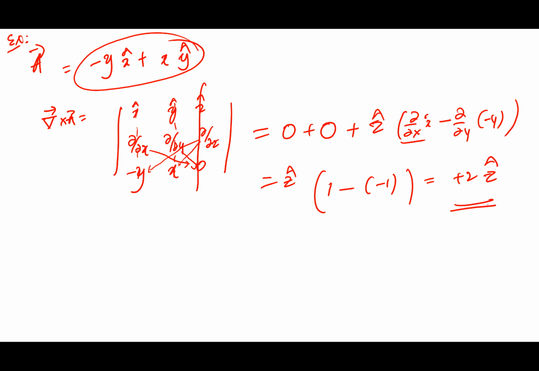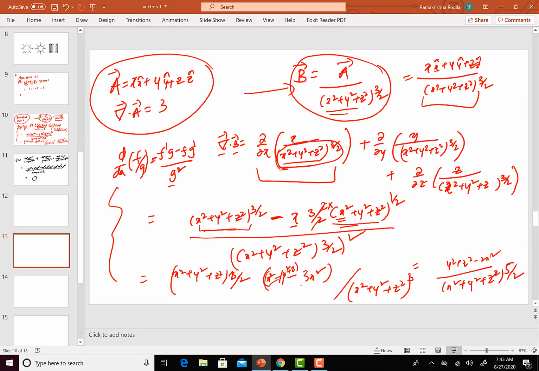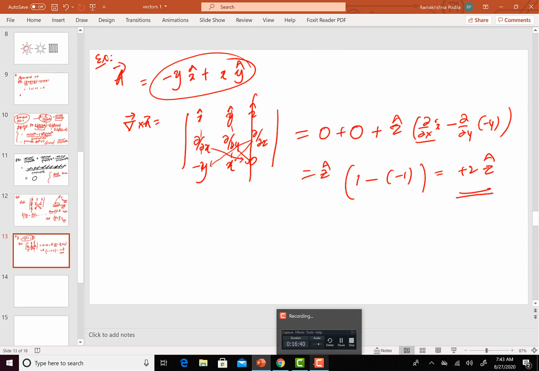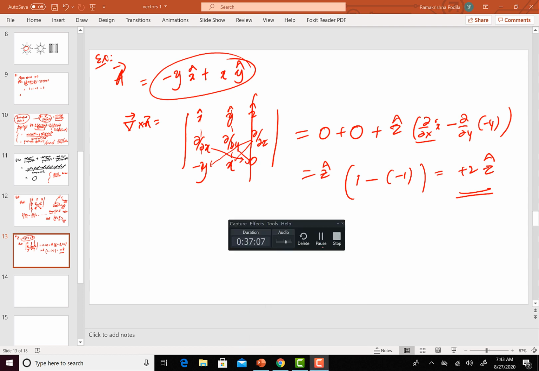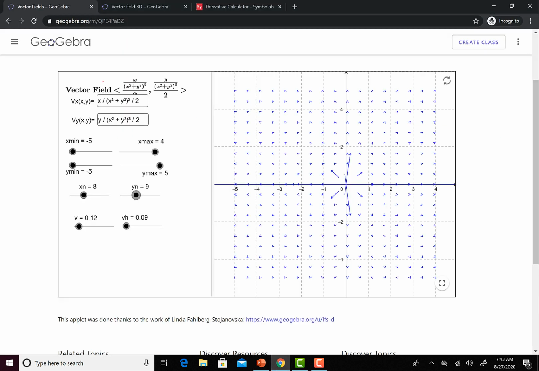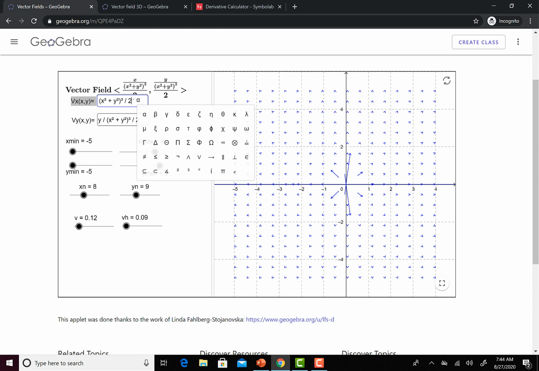What does this mean? Let's go back to the graphical representation, the vector field representation, and look at how these vectors look. So we can look at this vector field.